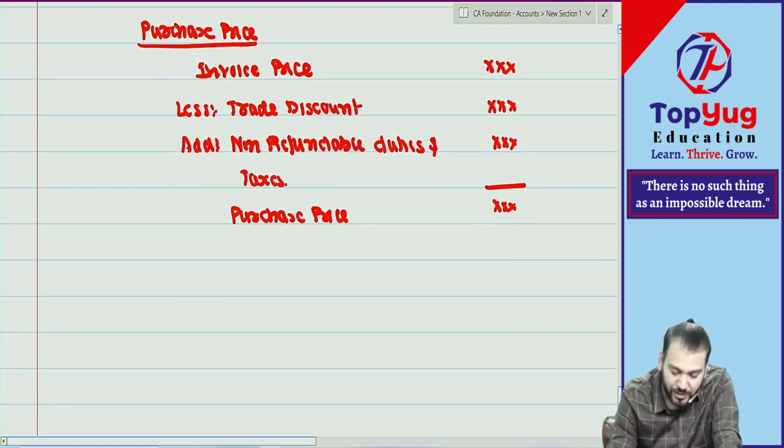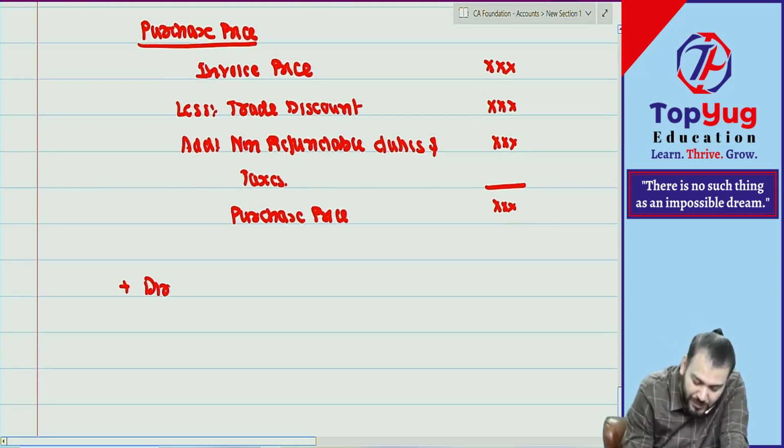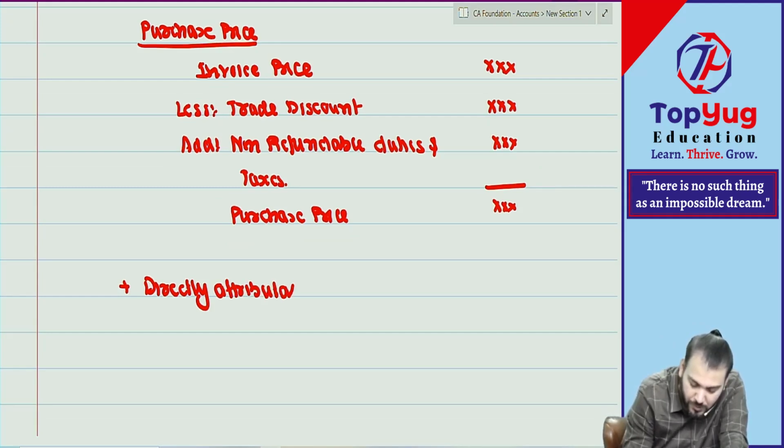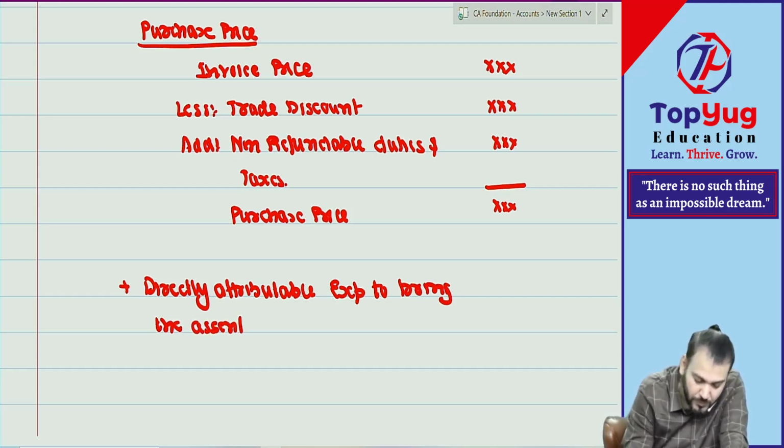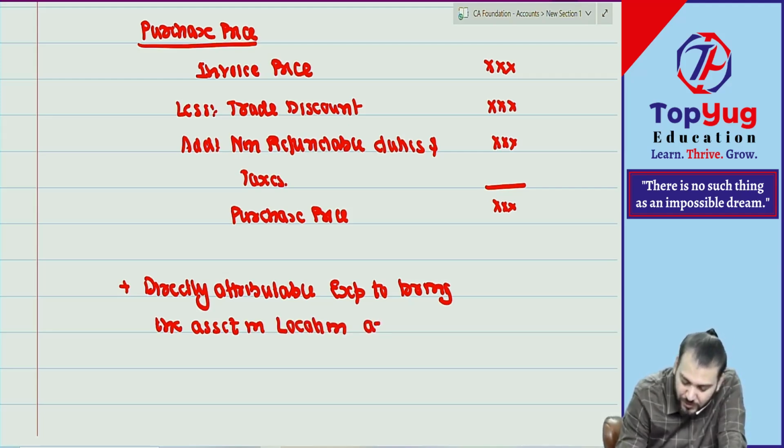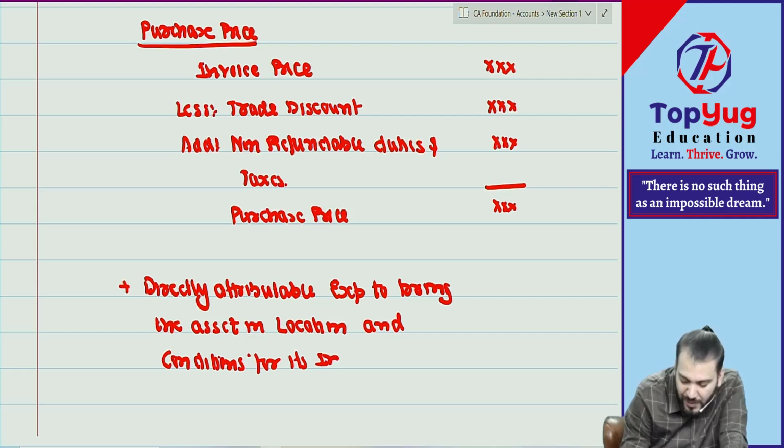Write down: plus directly attributable expenses to bring the asset to its present location and condition for its intended use.